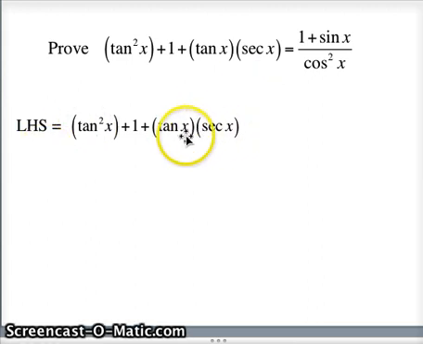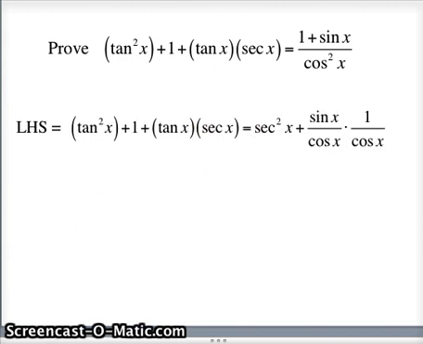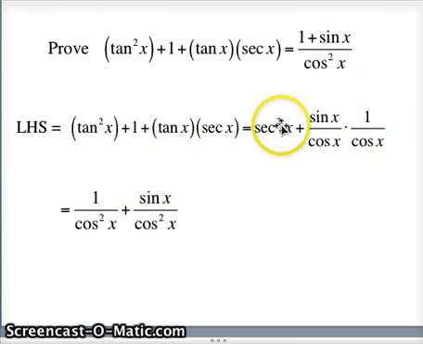Sine x over cosine x is tangent x. 1 over cosine x is secant x. That may be enough for me to get started on the problem. So indeed, tangent squared x plus 1, secant squared, tangent x, sine x over cos x, sec x, 1 over cos x. Where to next? Recognizing secant squared x is 1 over cosine squared x.